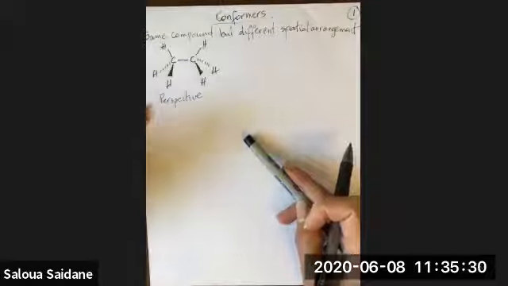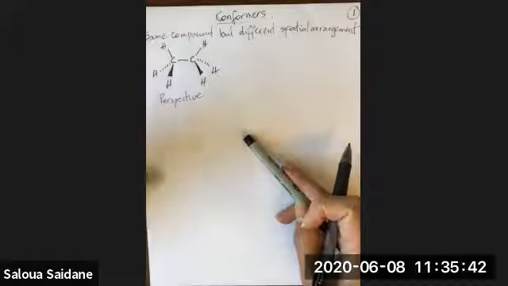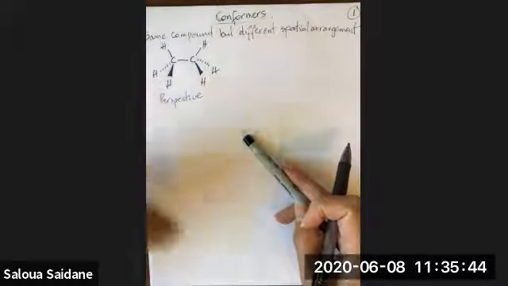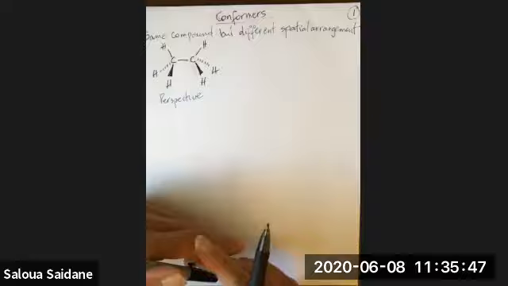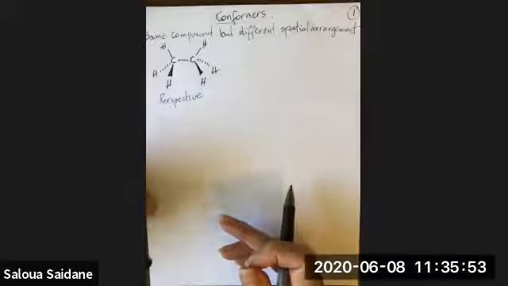So whenever you represent something in perspective, you have to represent a carbon with wedges and dashed lines. The wedges mean the bonds are coming out of your paper, and the dash means behind the paper. Now, this is a good representation, but it's not enough to explain conformers.